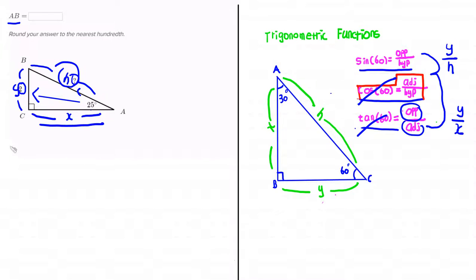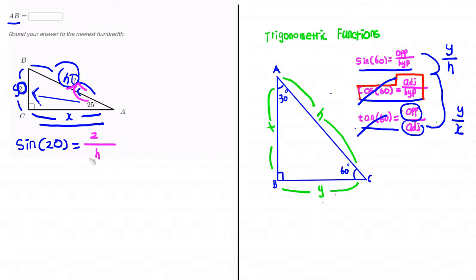So if you were to make an equation for this problem, it is sine of 25 equal to the opposite side, which is y, and we can replace it with 2, over the hypotenuse, which we don't know yet, so I will put it as a variable h.